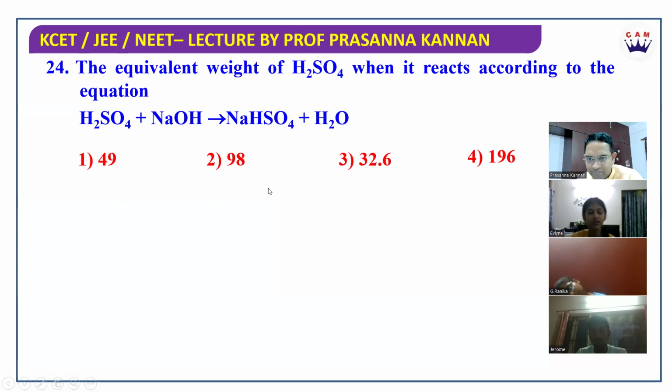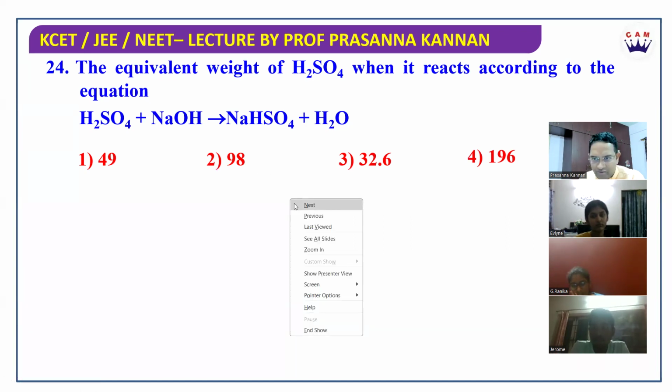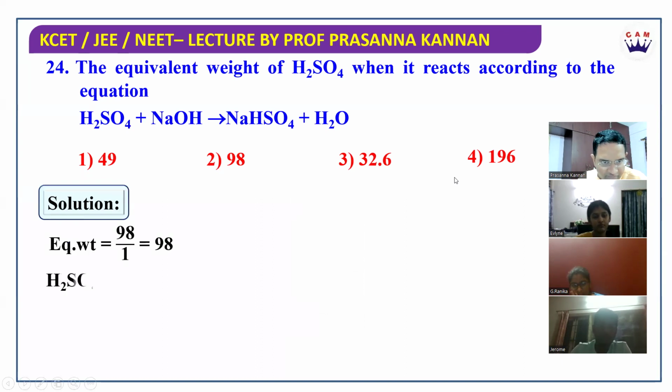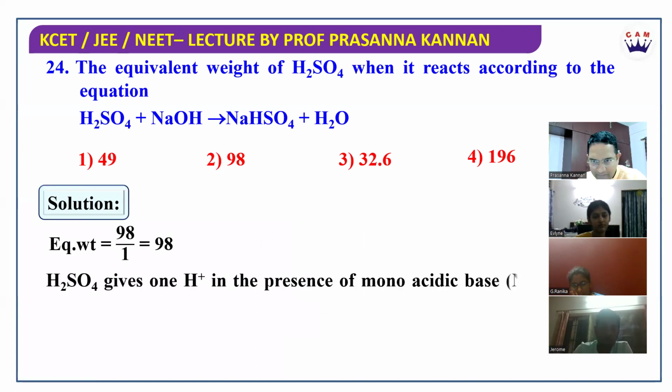Basicity. 2, sir. But in this reaction, it is not 2, because only one hydrogen is replaced. Exactly. Therefore, it is 1. Hence, the answer is 98 and not 49. 49 would be an expected wrong answer. Very good, Evelyn. Excellent.